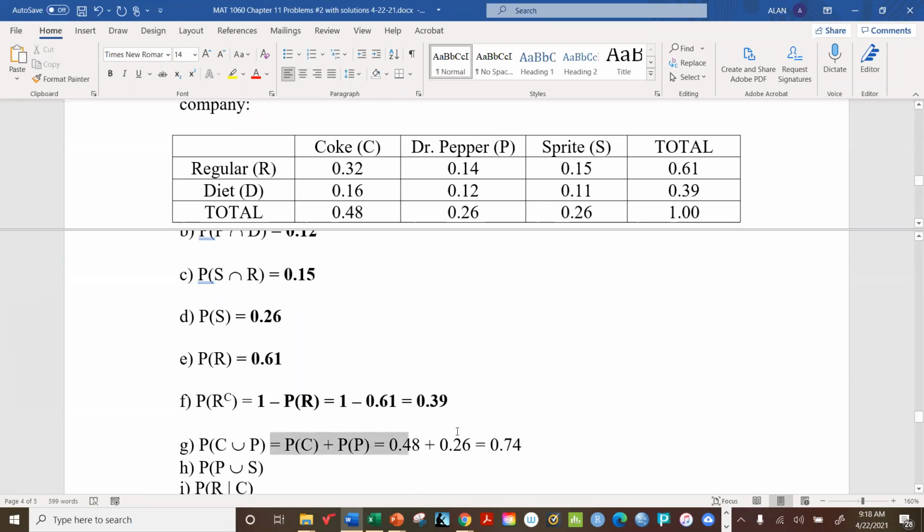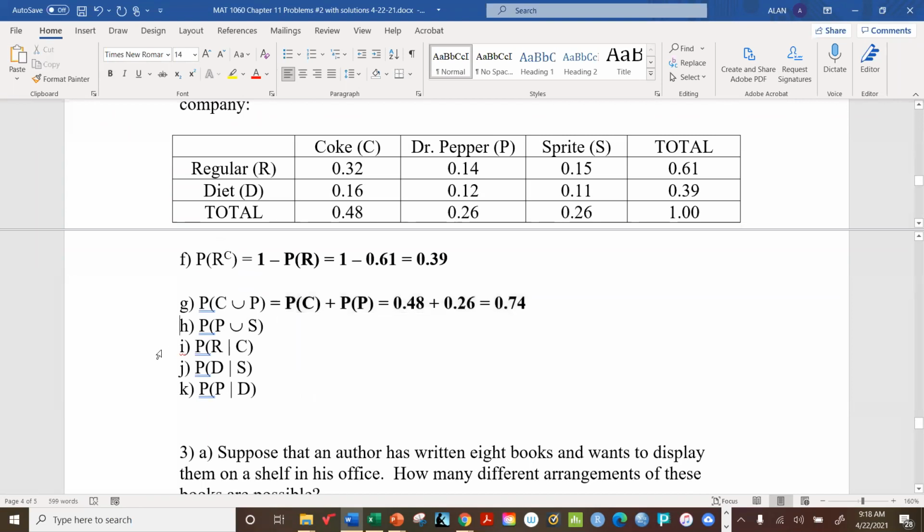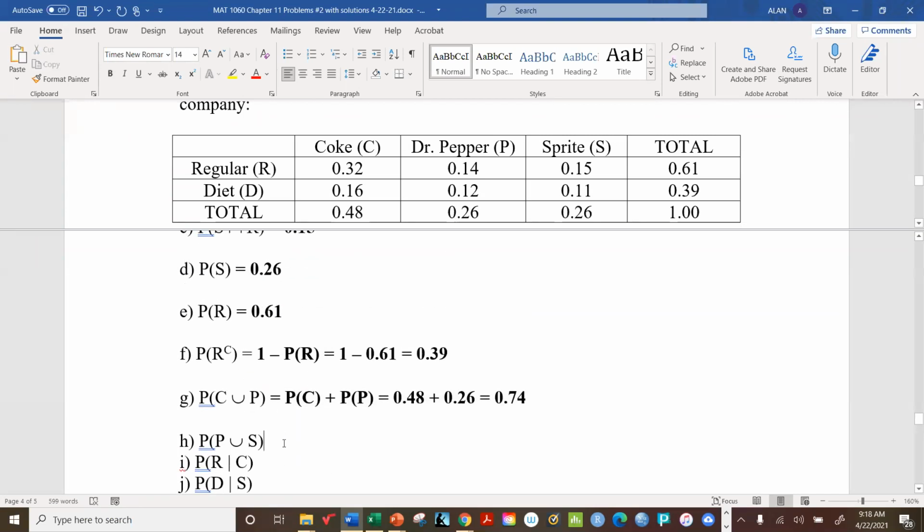All right. And then for this one, same thing holds true. These are mutually exclusive events because they're in different columns. So therefore, we just add them up. So the probability P is 0.26, S is 0.26 as well, which is 0.52.